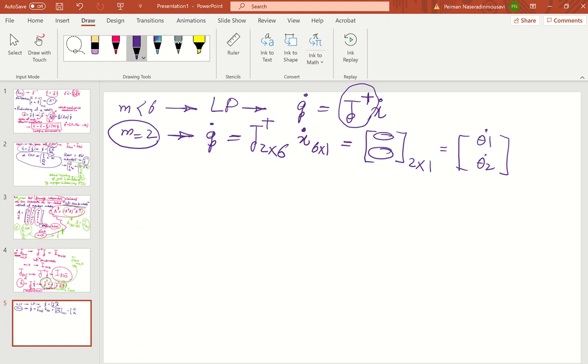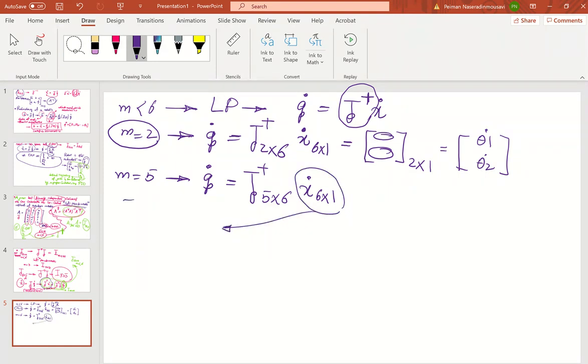Here we go. Now if m is 5, it means you have a 5 degree of freedom robot. So q dot is equal to the pseudo inverse of the Jacobian, which is 5 by 6, times x dot, which is always 6 by 1, as we calculated in the previous class, part 15. Go see the code: Vx, Vy, Vz, omega x, omega y, and omega z.